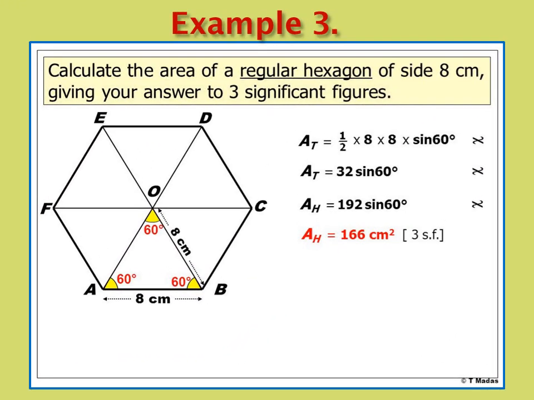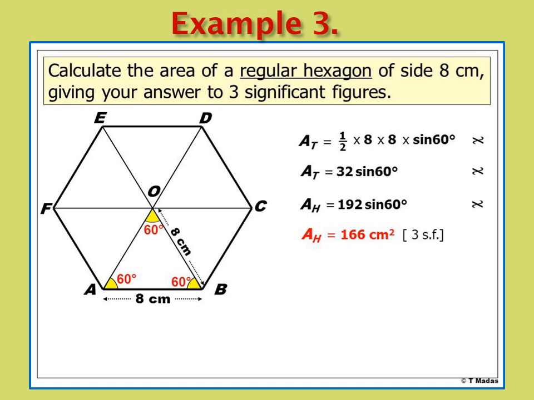Let us now look at example 3. You are told to calculate the area of a regular hexagon of side 8 centimeters, giving your answer to 3 significant figures. In this case, the polygon is a hexagon, meaning it has 6 sides, and therefore we need to ask ourselves, what is the angle at the center?